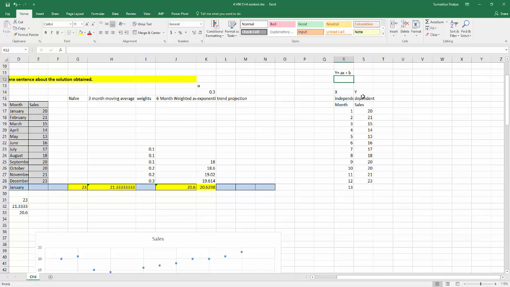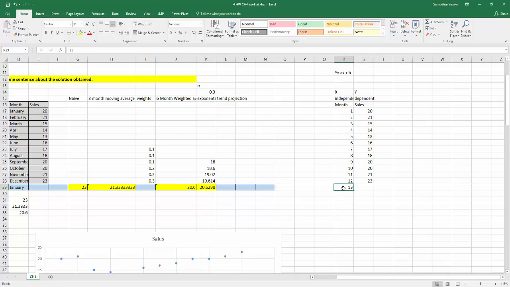Now if you remember from the chapter, b is your constant, a is your coefficient, and x is the independent variable. So the way we will use this equation is, what is the sale in the 13th month when x is equal to 13? So we are going to find that out.